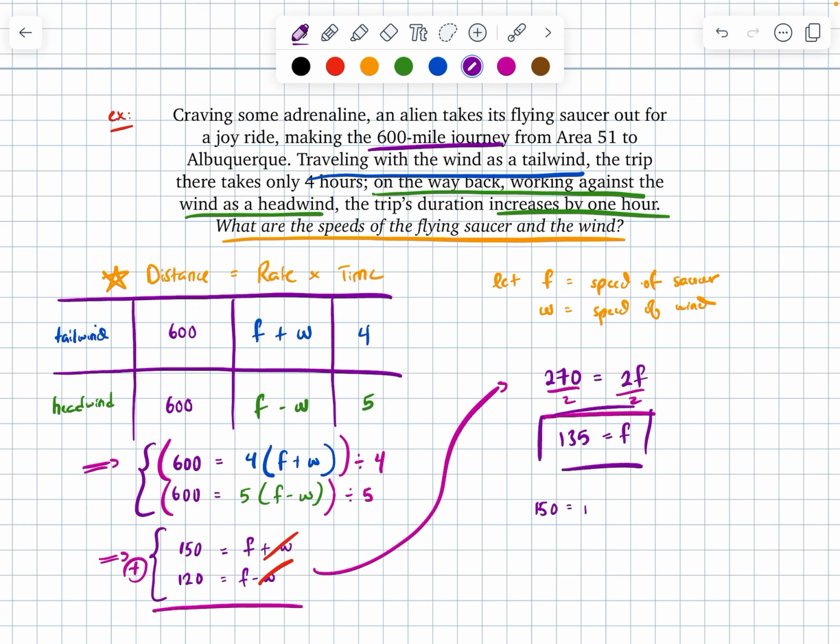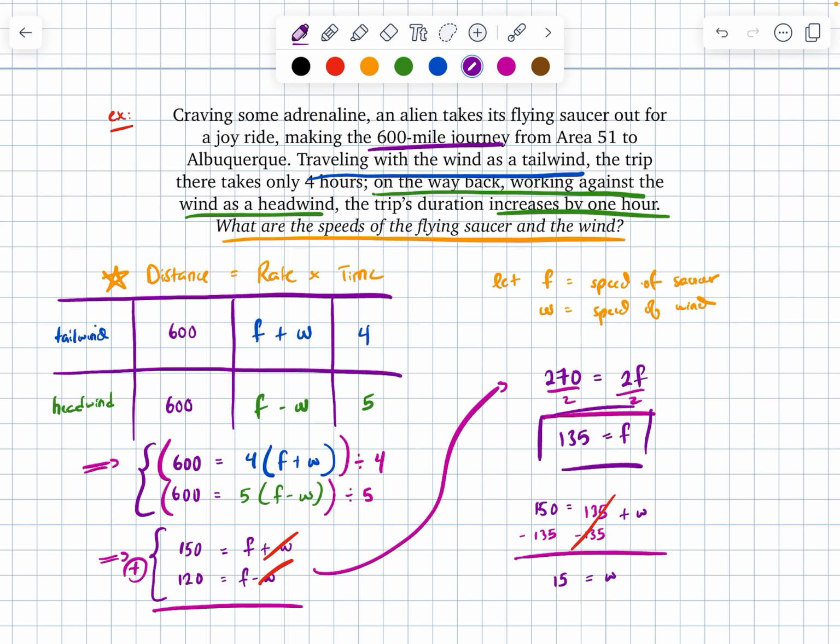From here, all that's left for me to do is find w. Notice I can take one of my two bottom equations. I'm going to choose the one on top. I'll say 150 is equal to f, which we've just established is 135, plus w. To get w by itself, all I need to do is subtract that 135 from both sides.